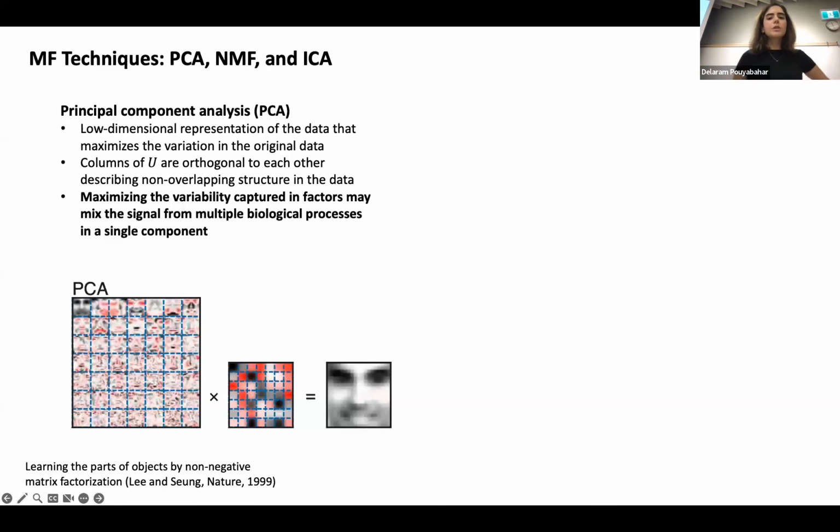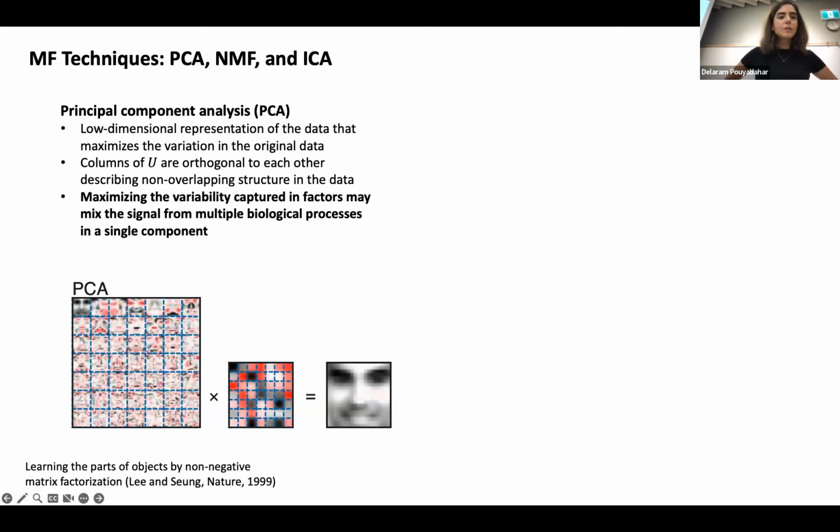Okay, so what are some of the common matrix factorization methods out there? By far the most popular one is principal components analysis, which probably all of you have seen at least once in your life.